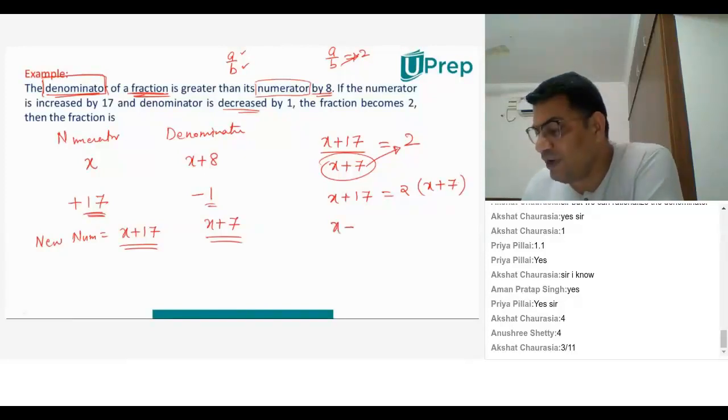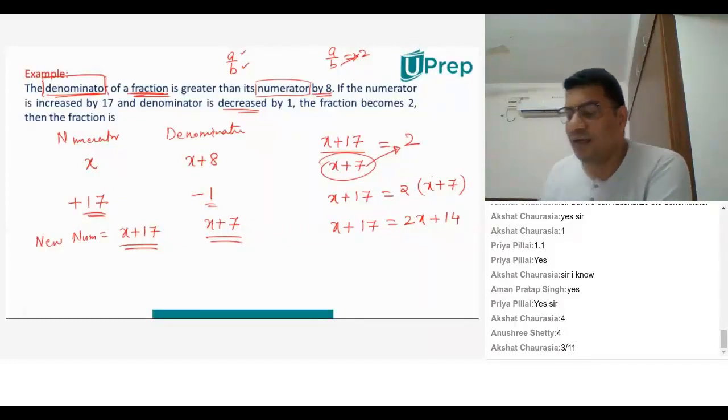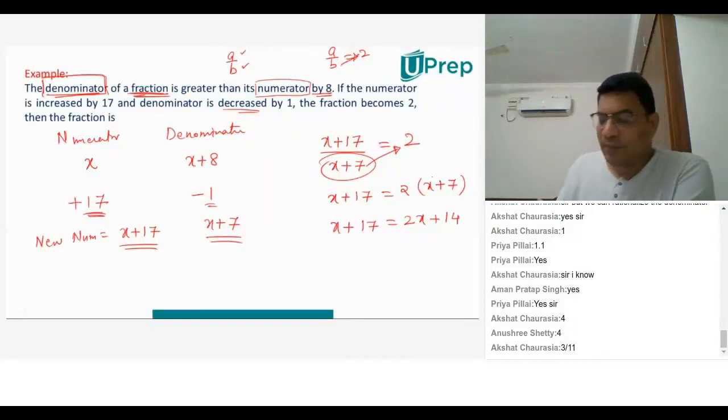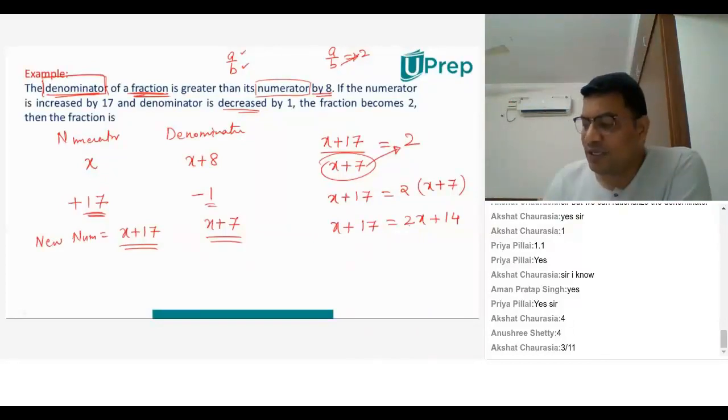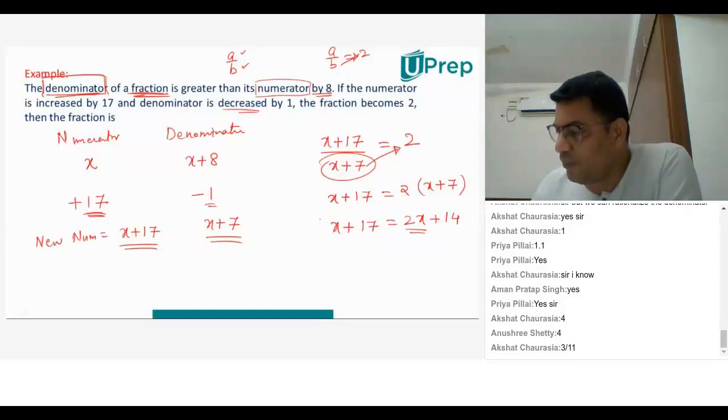Therefore, your x plus 17 is equal to 2 into x, which is 2x, and 2 into 7, which is 14. Right? Now what can you do? There are 2x on that side and x on this side, so you can take this x on that side, and transpose this 14 on this side.